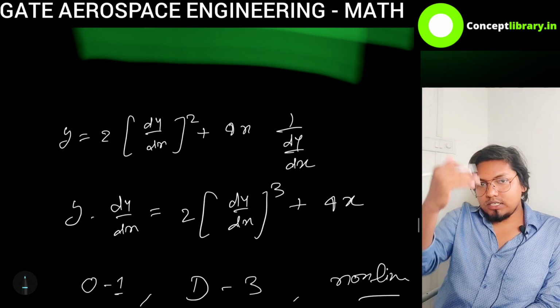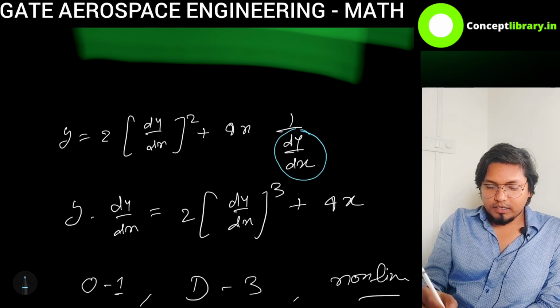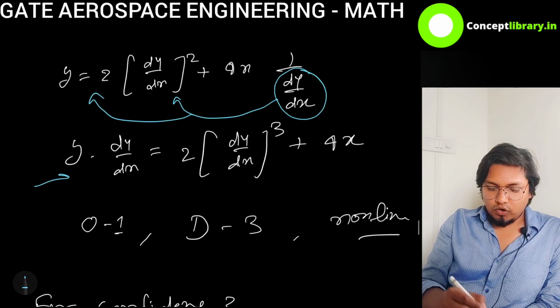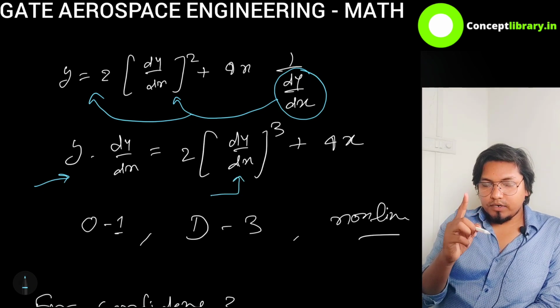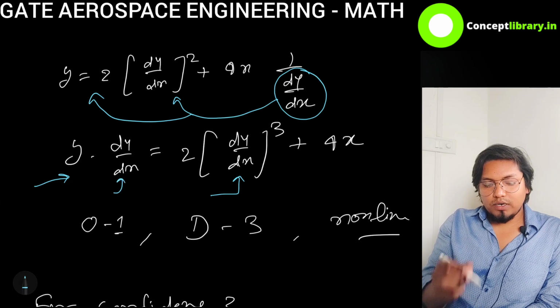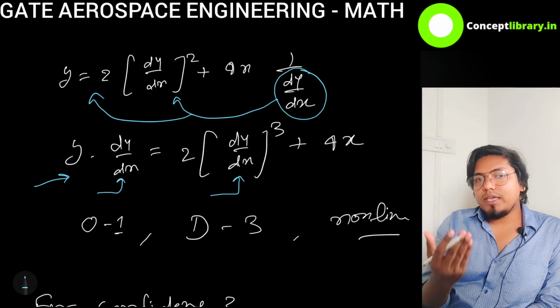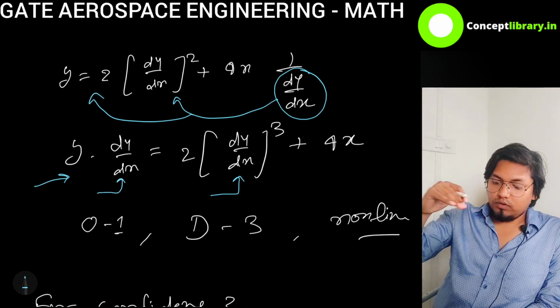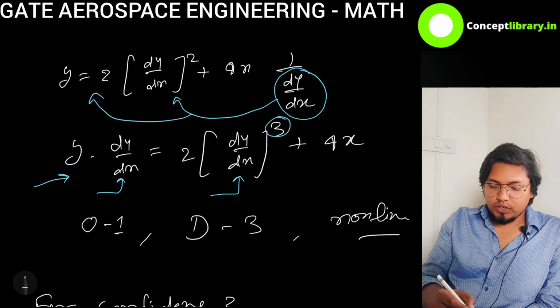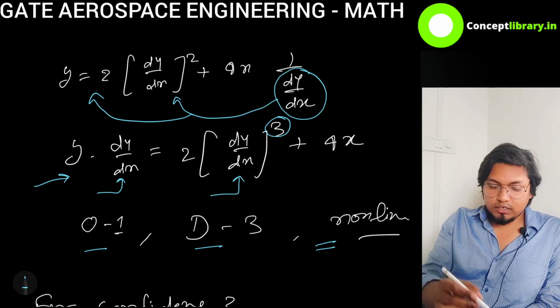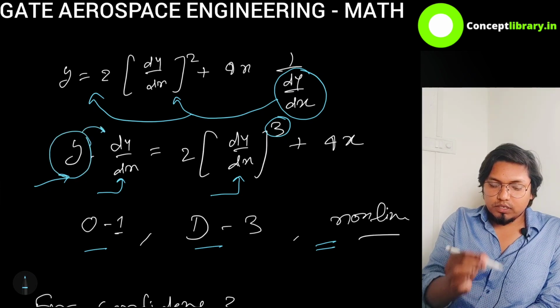So then reciprocate this and make it dy by dx, and then multiply here and here, then this will take this form. Now in this form you can clearly see one time differentiation, so order is 1. Here also one time differentiation, order is 1. So maximum order is 1, but here power is 3. So order 1, degree 1, and it is non-linear. Now the question comes, why is it non-linear? Because y is multiplied with dy by dx.